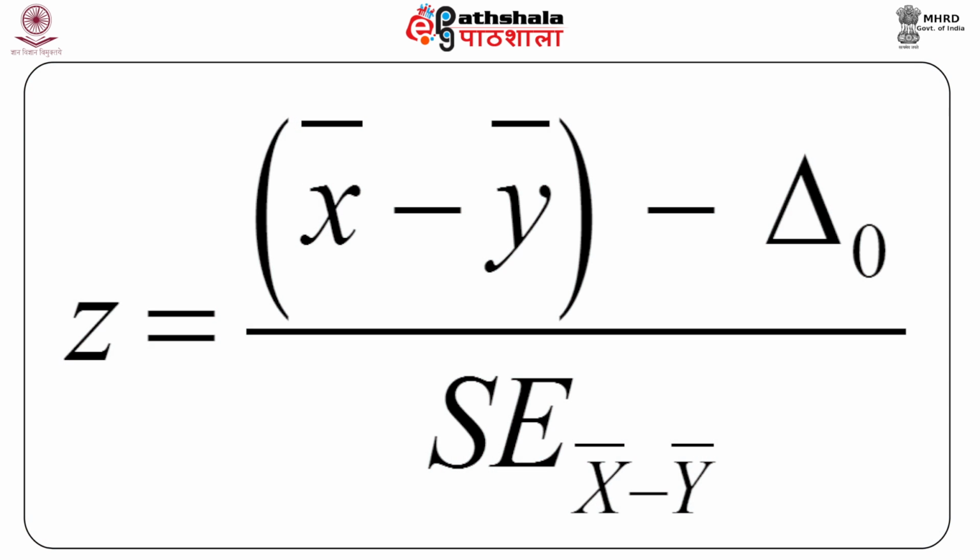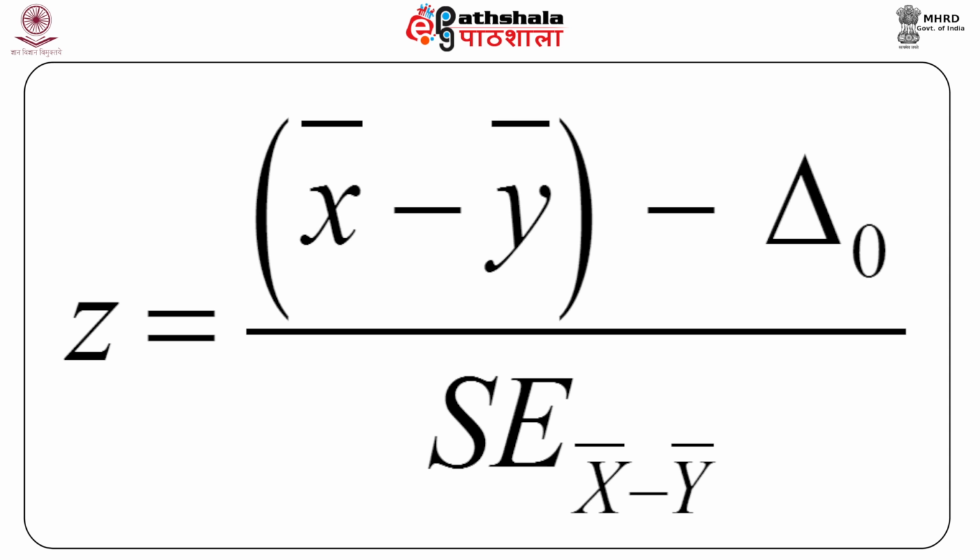For the alpha level test, the null hypothesis H0 can be written as mu x minus mu y is equal to lambda 0. The test statistic is z is equal to x bar minus y bar minus lambda 0 upon SE of x bar minus y bar for large samples, or if population variances are known and both populations are normally distributed.